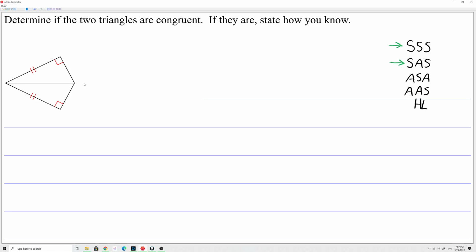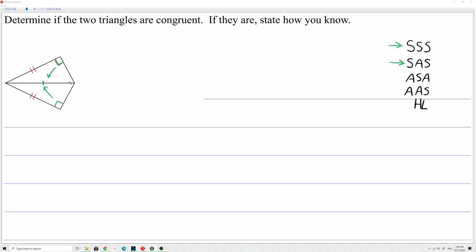So here we have 2 right triangles. That's what the little square means. We have this side that's in common to both, and notice that this side is special. This is the hypotenuse of both triangles. Remember, the hypotenuse is the side that's across from the 90-degree angle. It's the longest side.